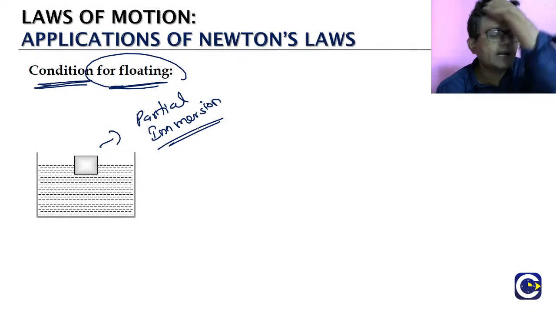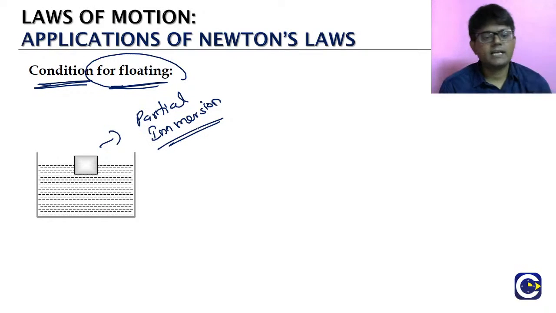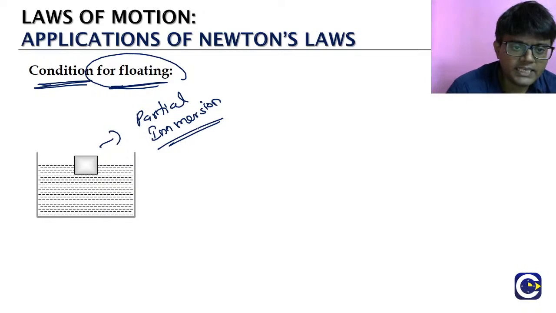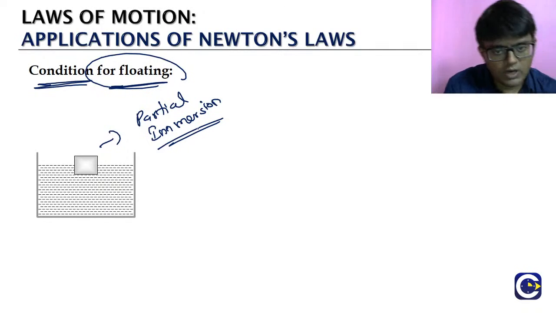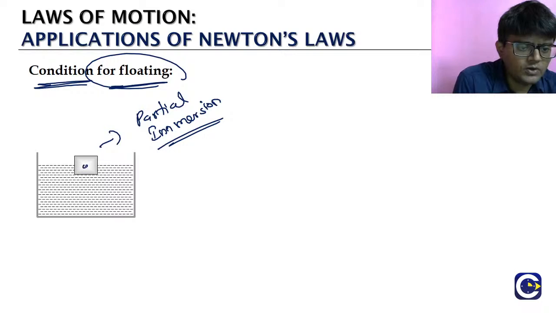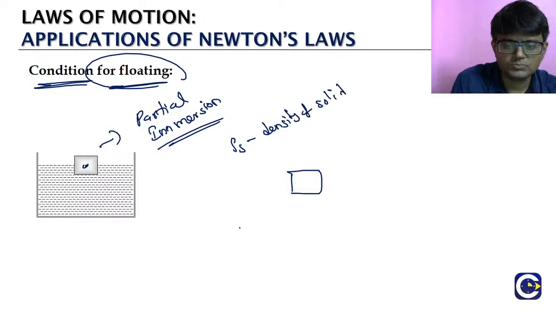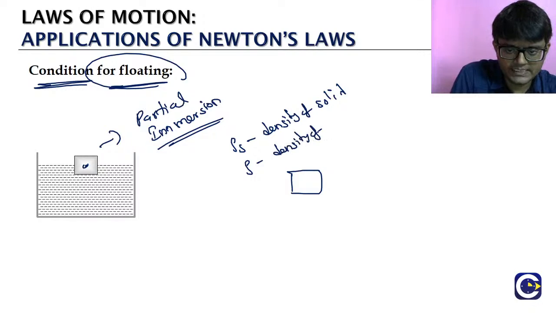We will see this again in the properties of fluid chapter also, but this is a very straightforward result. So we will see what is the condition for any object to float on the water surface. Let us consider the object is generally a solid. So rho s is the density of the solid object, and rho is the density of the liquid.